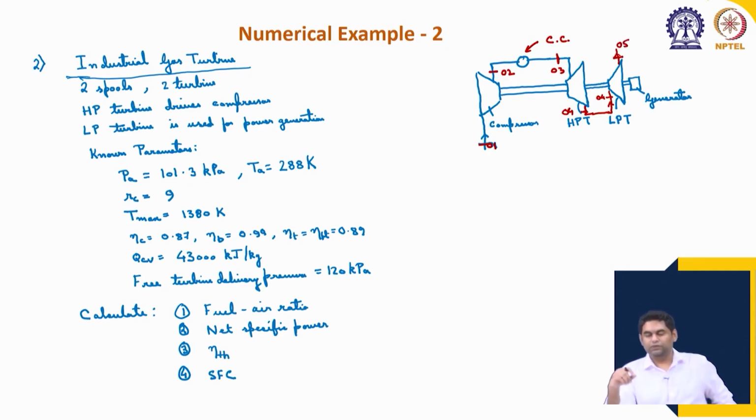There are no regenerators here and no pressure losses are given, but other types of deviations are still mentioned. So, this is the type of turbine. There are two spools which are both rotating at different rotational speeds.